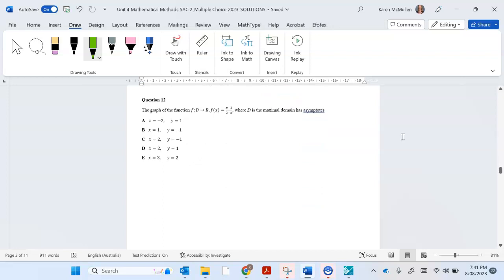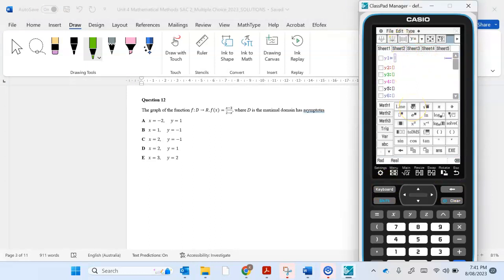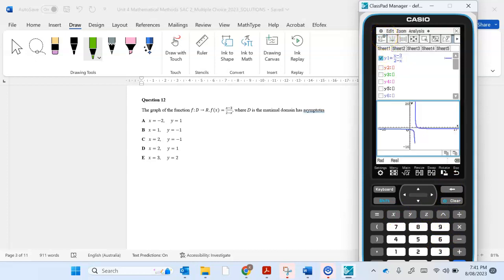All right, so the graph of the function where D is a maximal domain has asymptotes. Again, if you're unsure, just graph it. So let's graph it. Sometimes it's good to show you how to do it on the calculator too, because sometimes the calculator doesn't show things really well, so learning how to change the calculator is good.